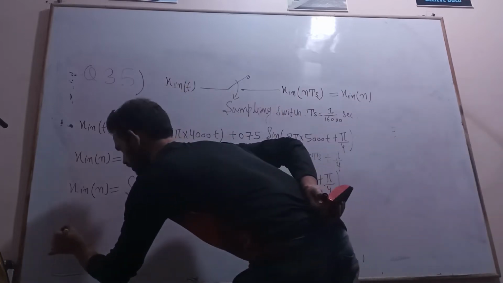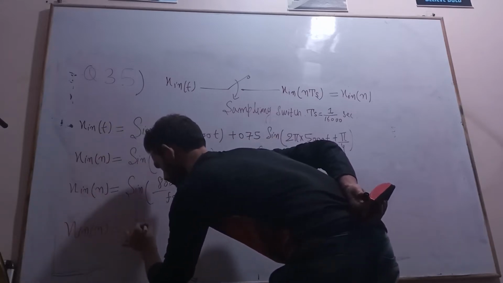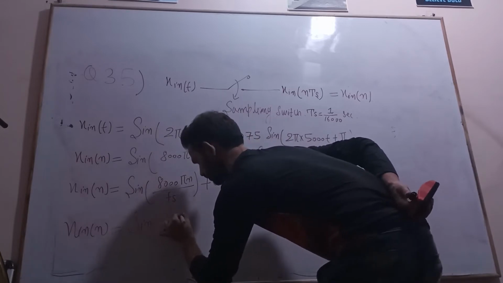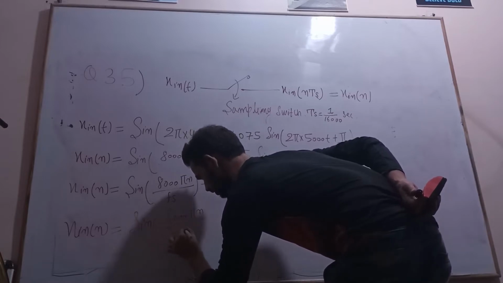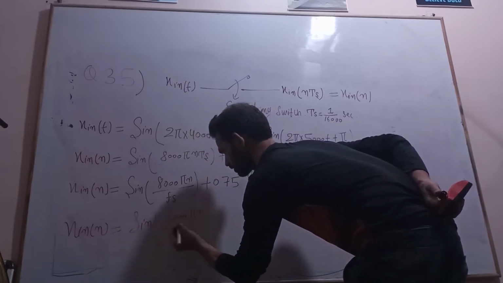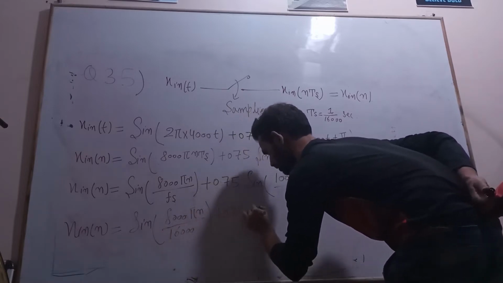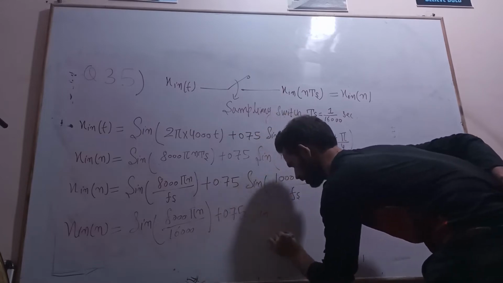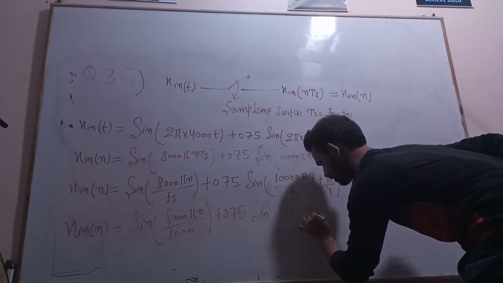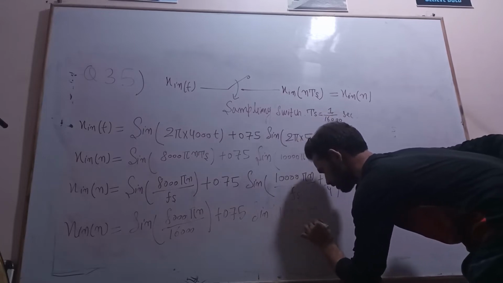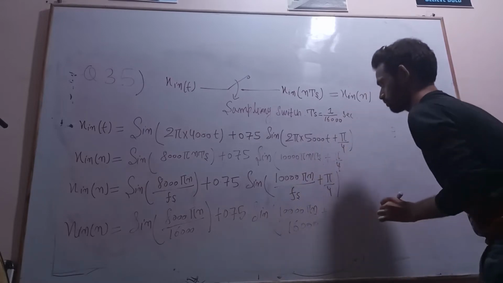Then x in of n is sine 8000 pi n divided by 16,000, the sampling frequency, plus 0.75 sine 10,000 pi n divided by 16,000 plus pi by 4.